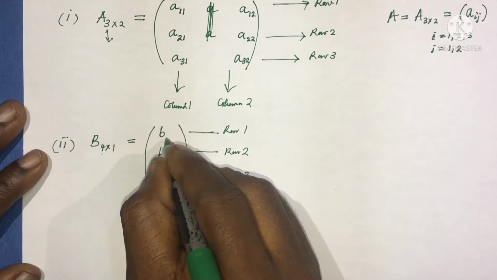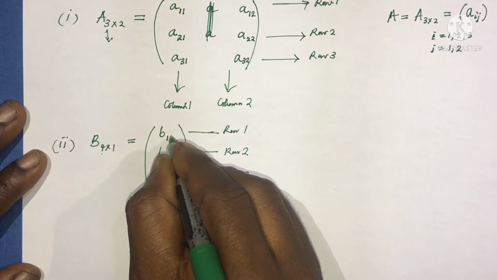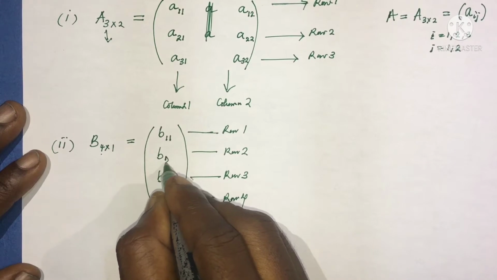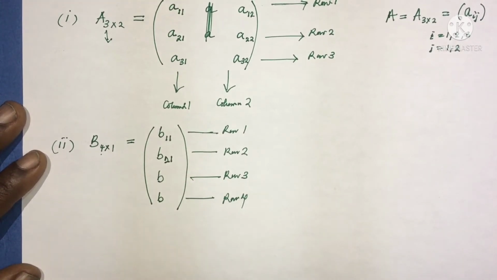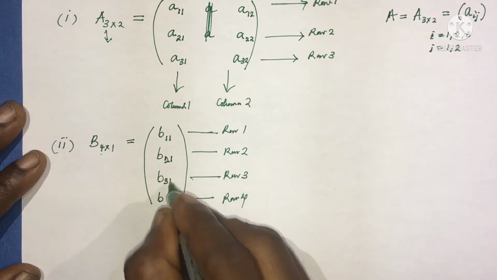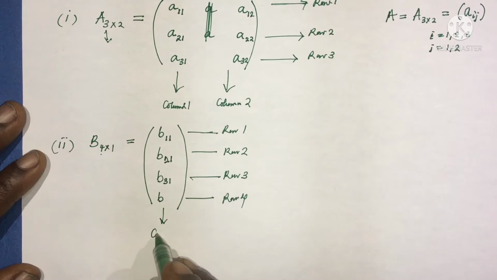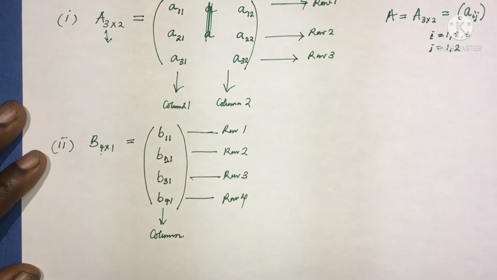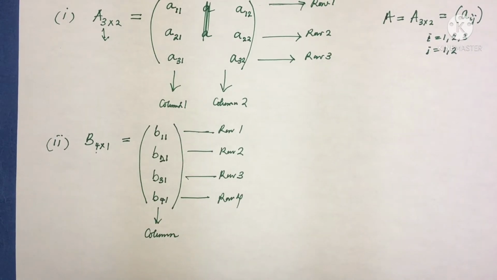So this will be b11 because it finds itself in row 1, column 1. This one will be b21 because it finds itself in row 2, but this will be 1 because it is in column 1. This will be b31 because it is in row 3 but column 1. There is just 1 column. This will be b41.